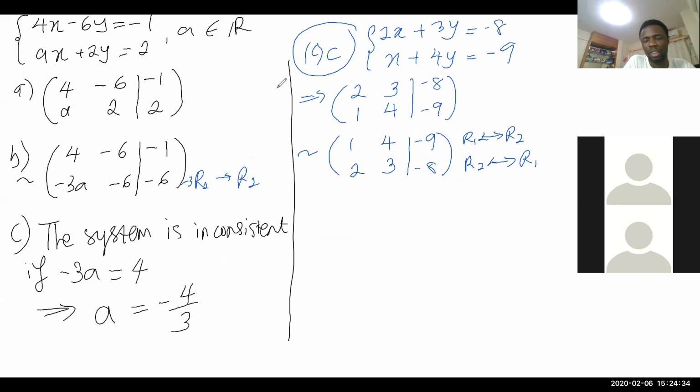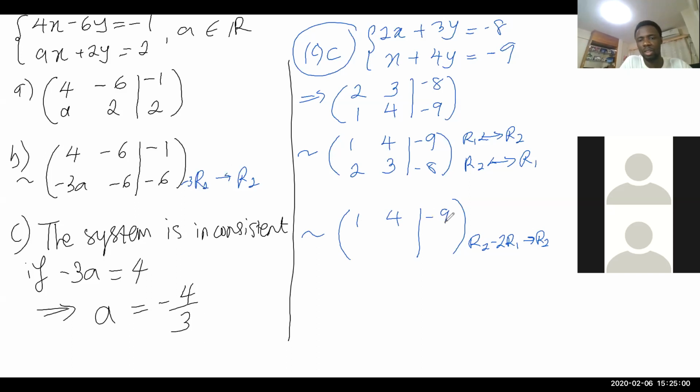So our row 2 minus 2 row 1 is now row 2. Row 1 remains what it is.